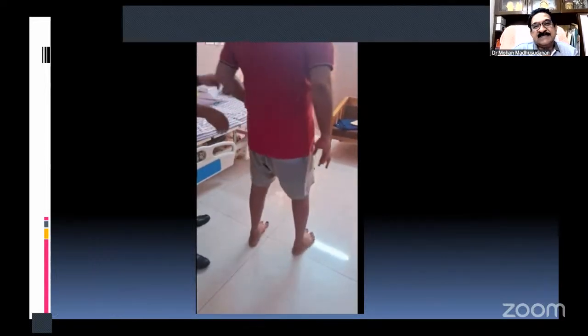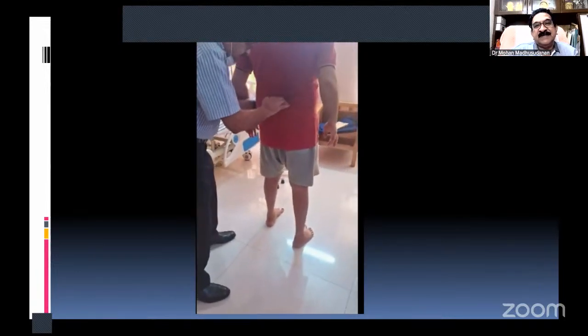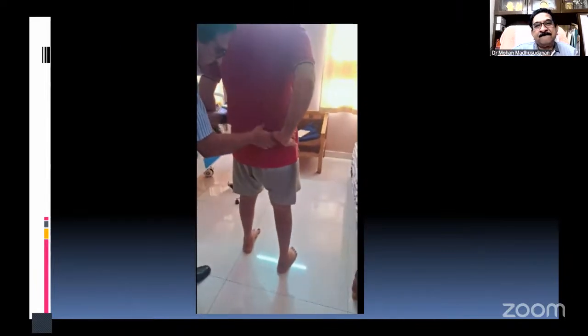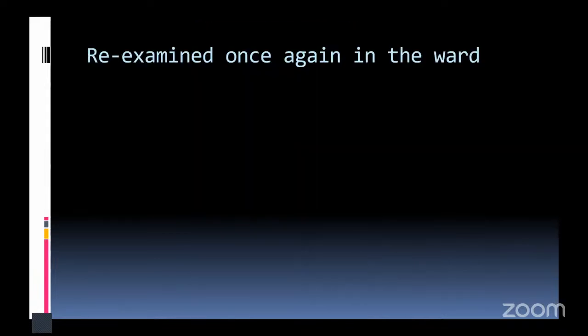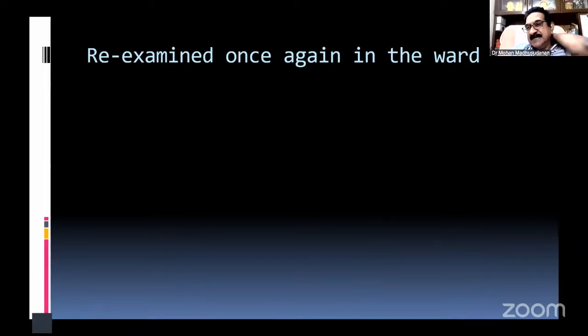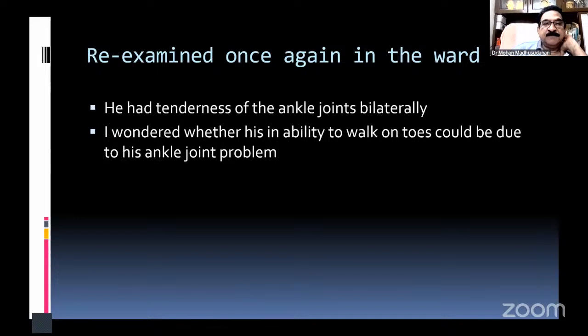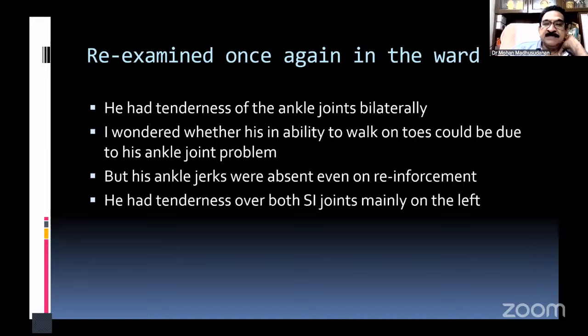Then I examined the back to find out any tenderness of the sacroiliac joint. At that time I said, like osteomalacia. But there are no changes in the bone, and calcium is normal. The CT I then did. The weakness could be due to the ankle joint problem, but the ankle jerk is absent, and he has tenderness over the SI joints, mainly on the left side.